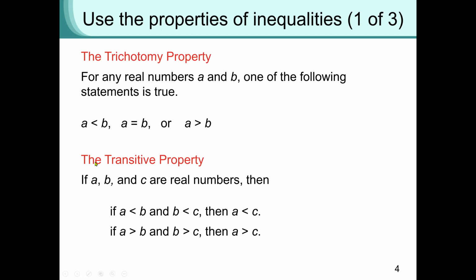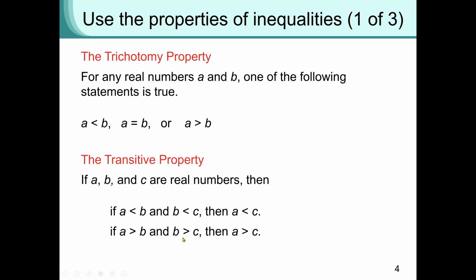Our second property is called the transitive property. And here we have three real numbers, A, B, C. Now here we say that if A is less than B, and also B is less than C, then A also is less than C. Now, if A is greater than B and B is greater than C, this means A is greater than C also.